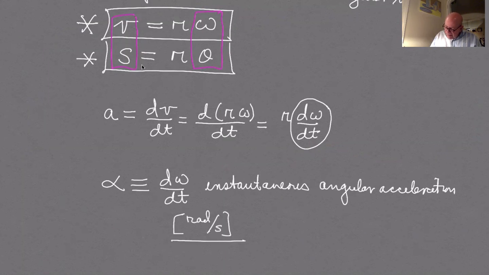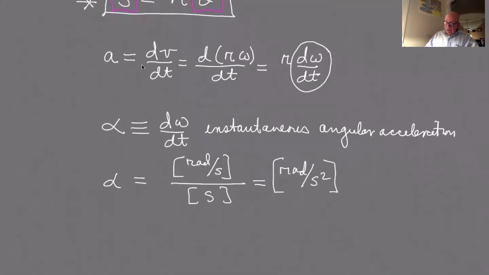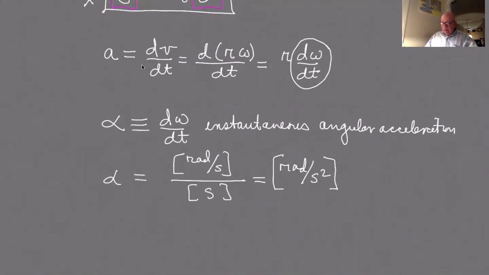The units on time are going to be the second. And so that's going to be radians per second every second, or radians per second squared. And we're not surprised by that unit at all. Okay.